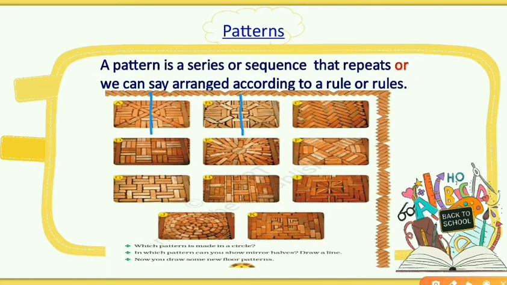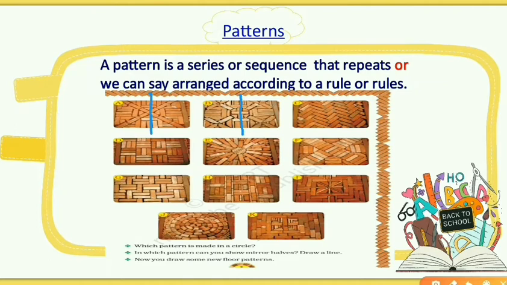Now in a similar way you can follow for all the figures given, and try to find if these patterns can be cut into mirror halves, and you have to draw a line also if it is possible.